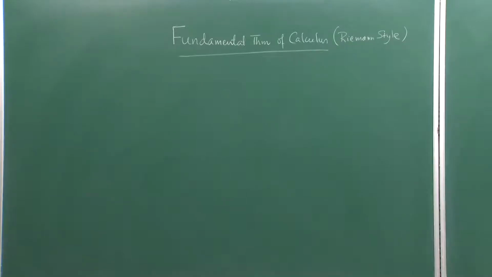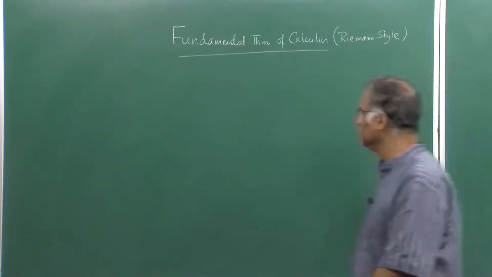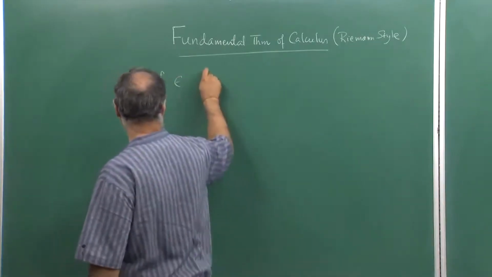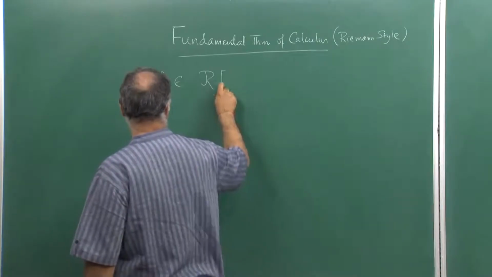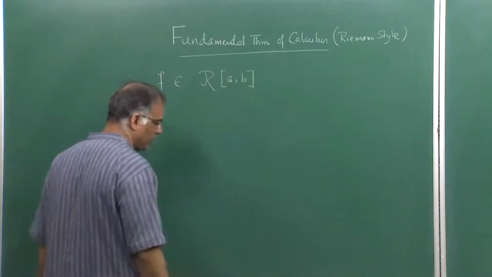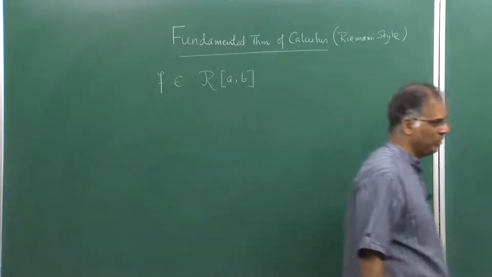So, you have a function f in R[a,b], a bounded function, integrable on [a,b]. R[a,b] means this is the set of all bounded functions which are Riemann integrable on [a,b].